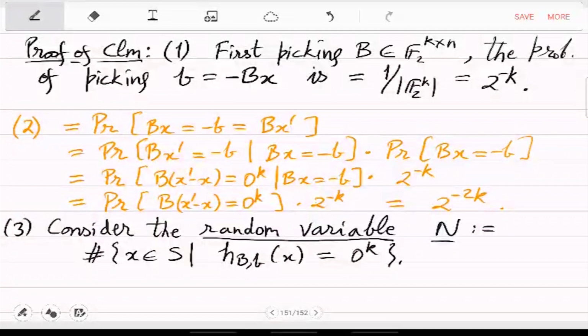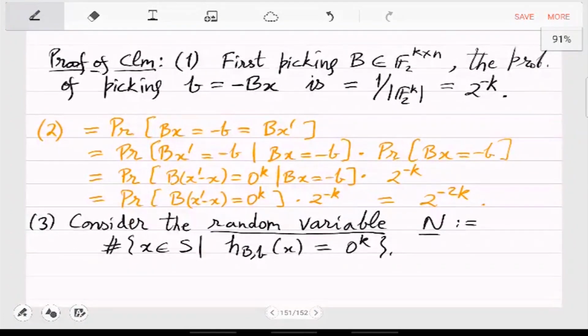So this is a random variable because this count will depend on the random choice of the hash function. As h changes, this number n will change.